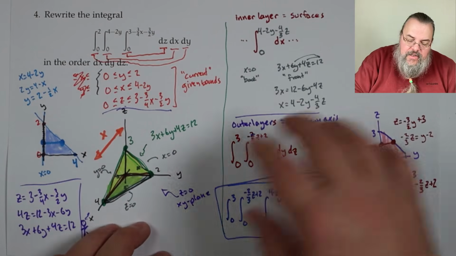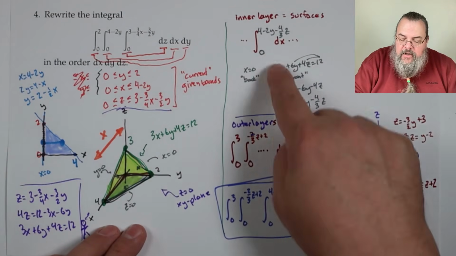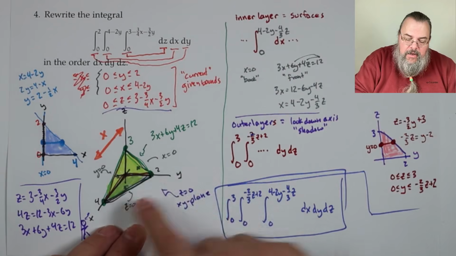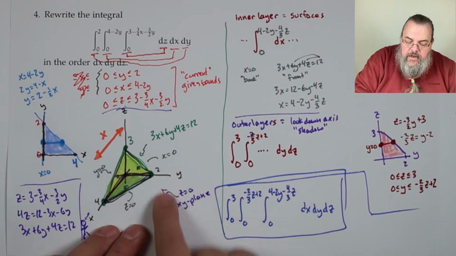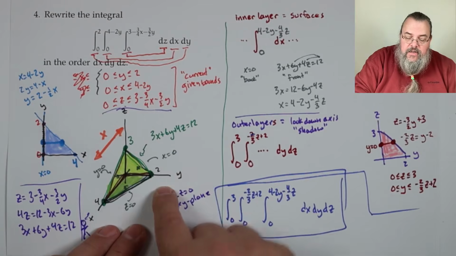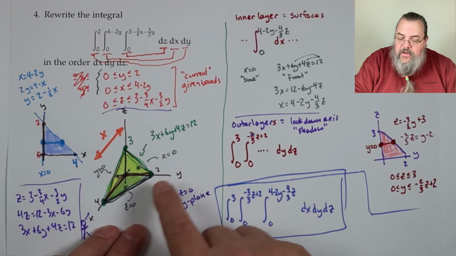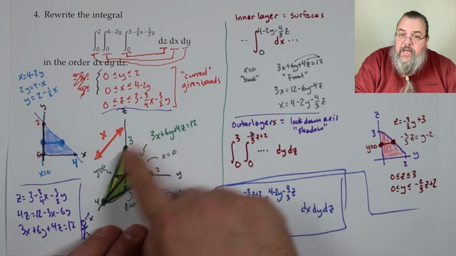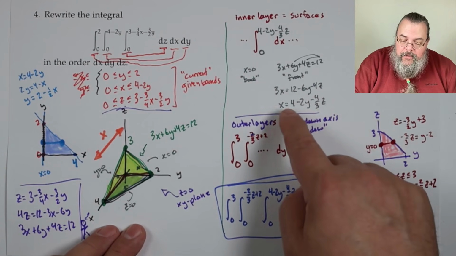Now, if I'm changing, I like to do the inner layer and the outer layers a little bit differently. Inner layer, think about which direction you're integrating. We had started going z direction. Now we're switching to x direction. Ask, okay, what surfaces do we hit? You hit something in the back, you hit something in the front. Solve for the right variable.